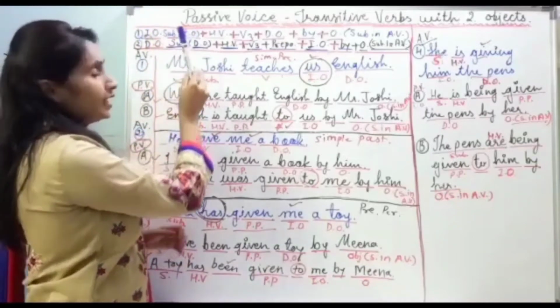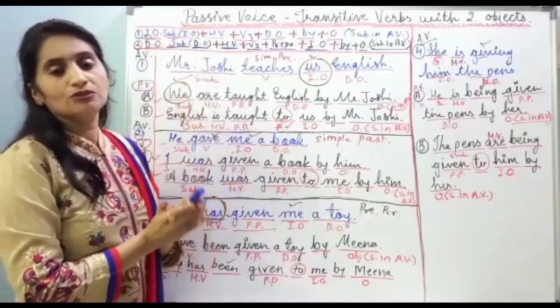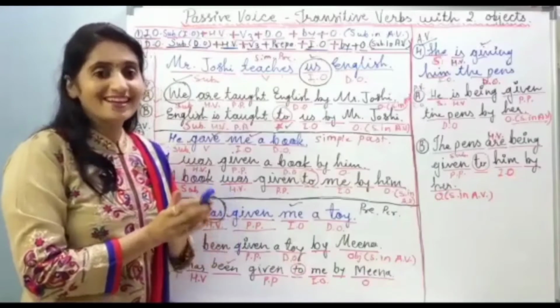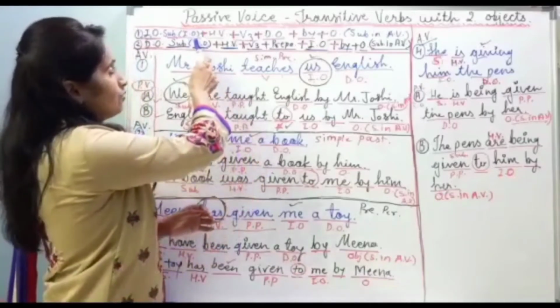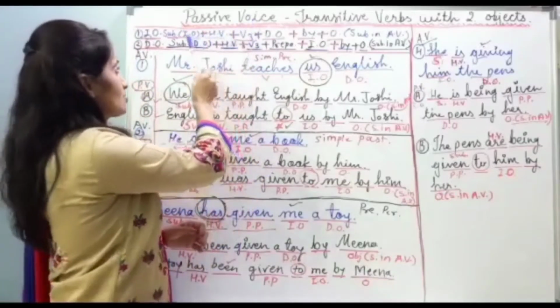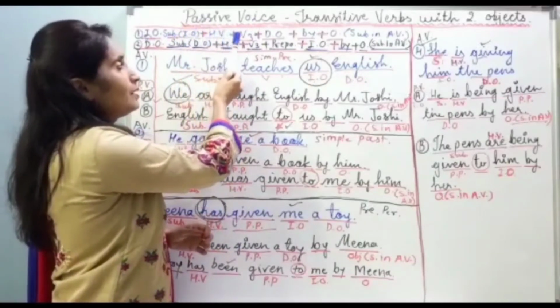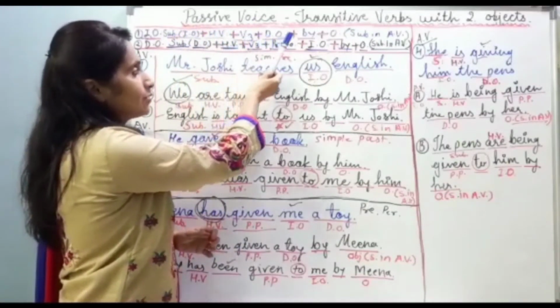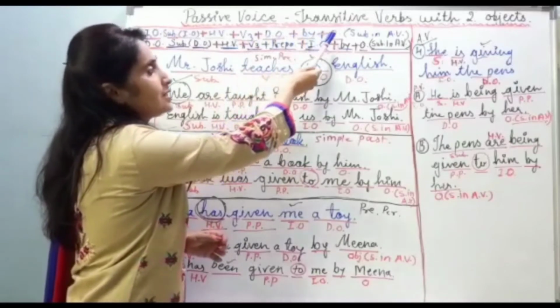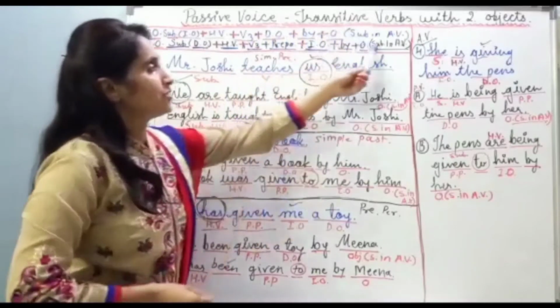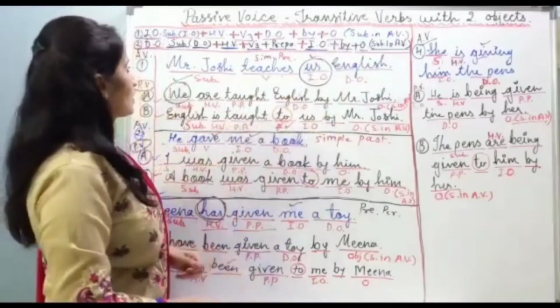If you make use of the indirect object first in the sentence, you will have to follow this structure: subject, that is the indirect object, plus helping verb, plus V3, plus direct object, plus by, plus object, meaning the subject in active voice.